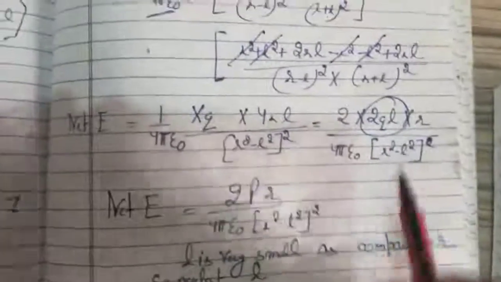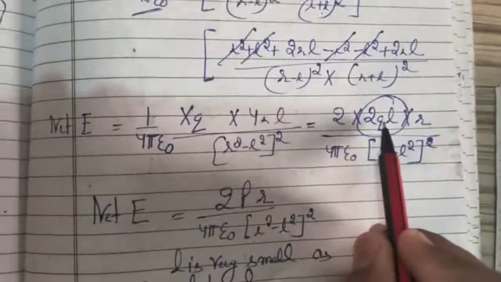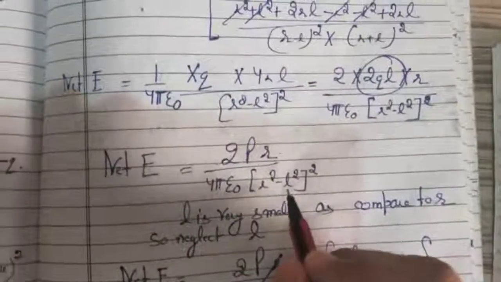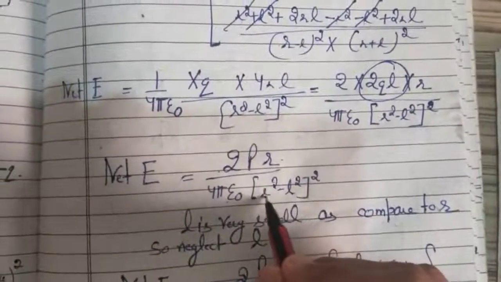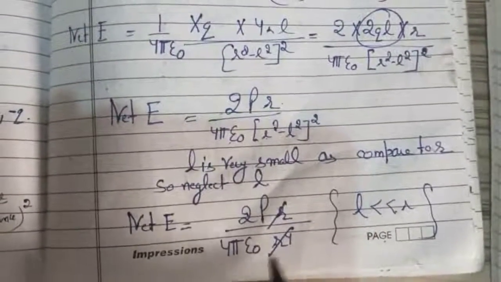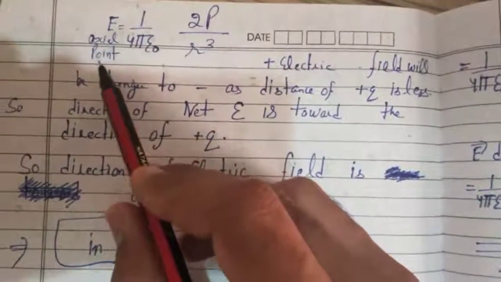So we have got the net E relation: we changed this to 2QL into R. 2QL is dipole moment, so 2PR upon 4 pi epsilon naught. L is very small as compared to R, so we will neglect L. So 2PR upon 4 pi epsilon naught R to the power 4.